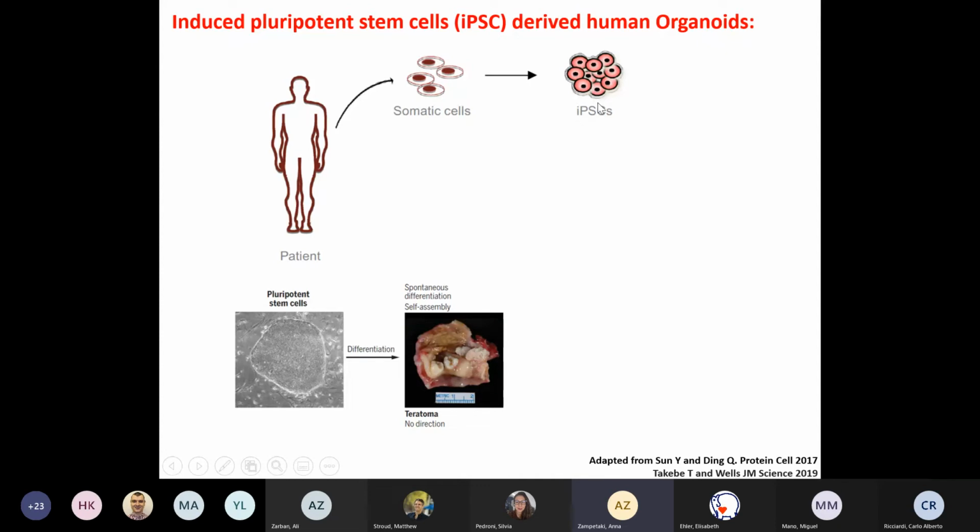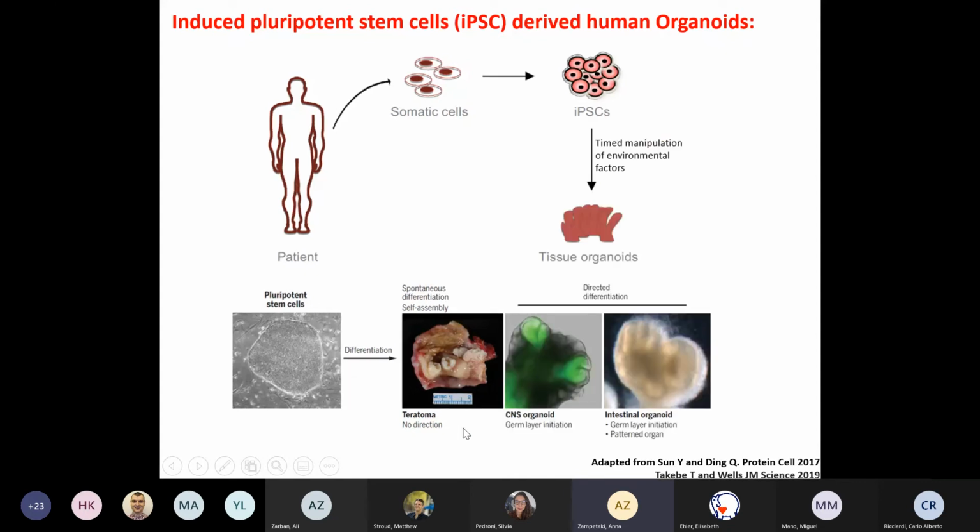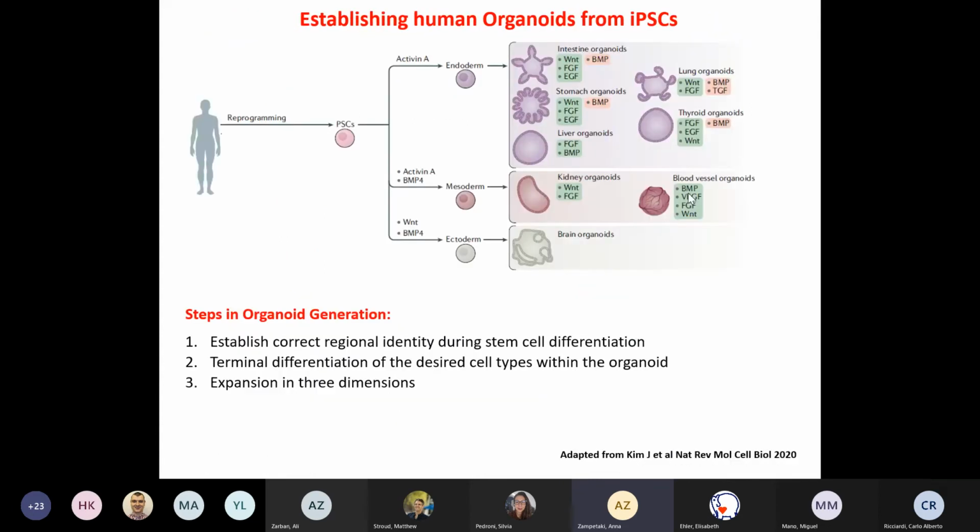These iPS cells, left on their own devices, will actually spontaneously differentiate and give you teratomas. So what you need to do is direct the differentiation by time manipulation of environmental factors in order to get the tissue organoids.